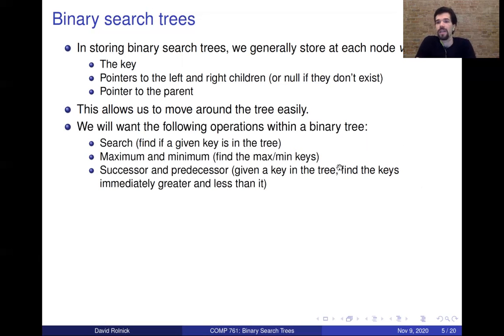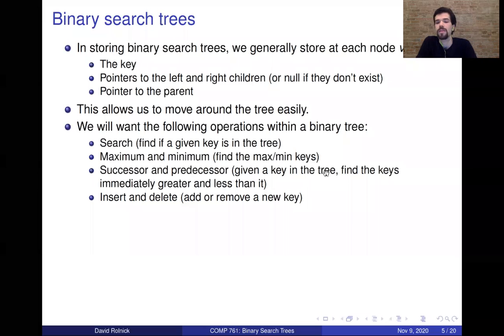So the smallest one larger than it, and the largest one smaller than it. That would be useful if we're trying to go through the keys in order within the tree. Insert or delete: we want to be able to remove or add a new key to the tree. Any questions about these?